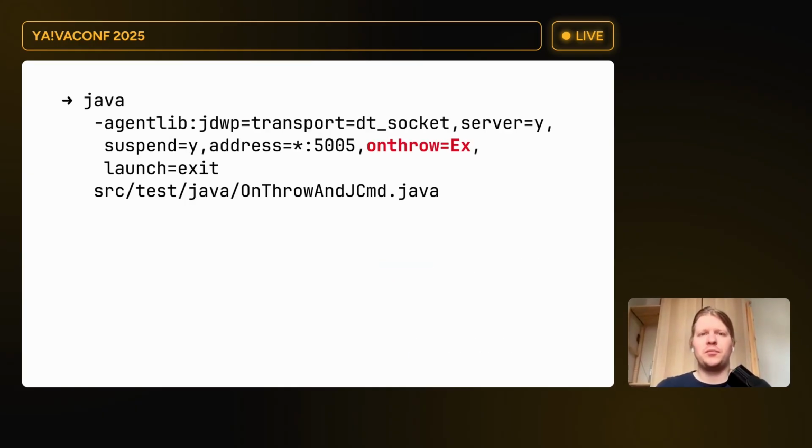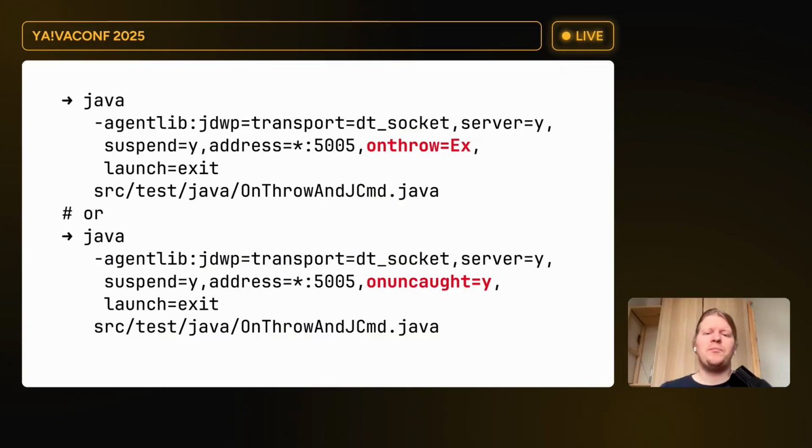You just tell your JDWP agent, hey, on throw of this exception, in our case X, please start the debugging session, and you can even call it to launch something. In our case, it's just exit because we don't want to launch anything, but you can tell, for example, on the first throw of X, start a debugging session and, I don't know, send an email, because it's a really problematic exception, and it's all built into the OpenJDK because you can just call any script you want there, which is pretty nice.